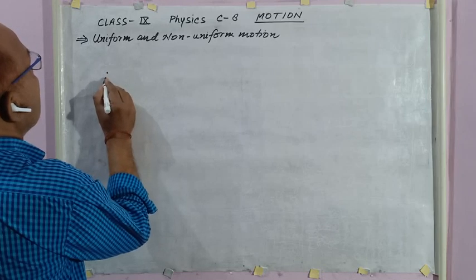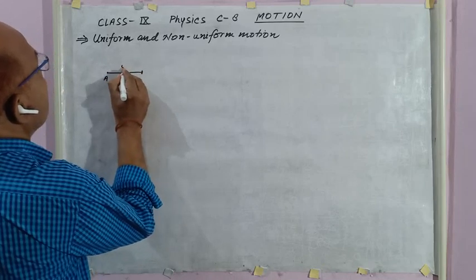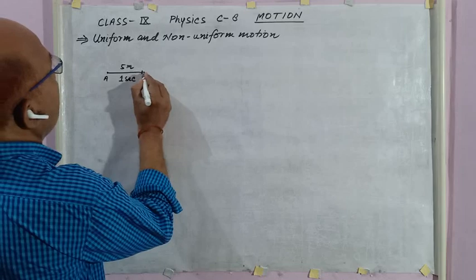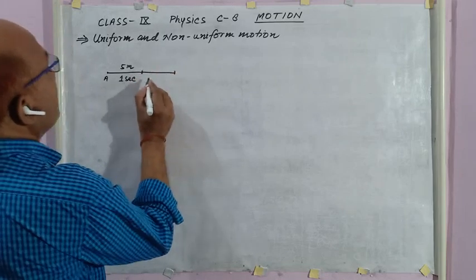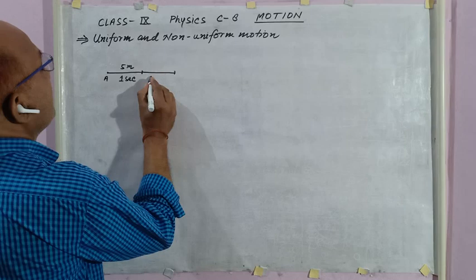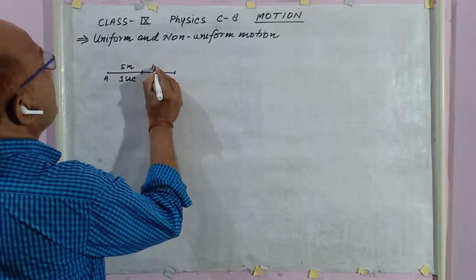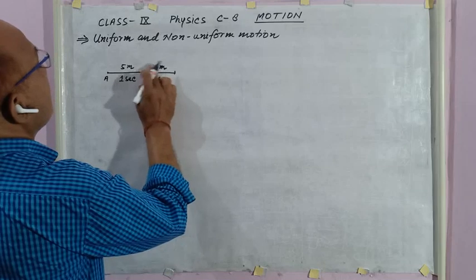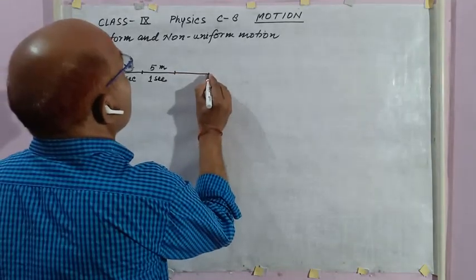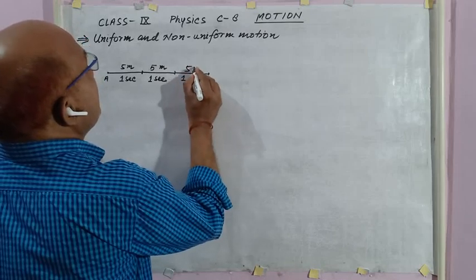Suppose a body starts from A, it covers 5 meter in 1 second and in next second it again covers 5 meter, and in next 1 second it again covers 5 meter.